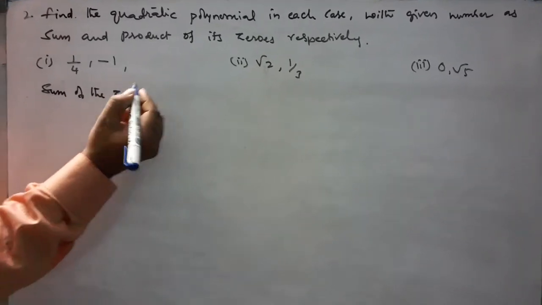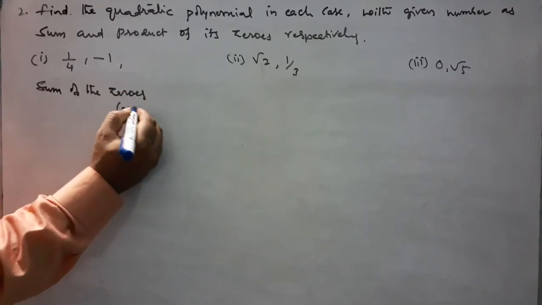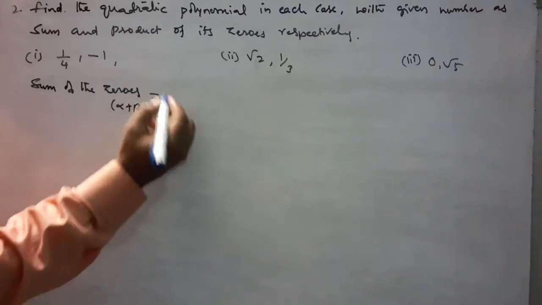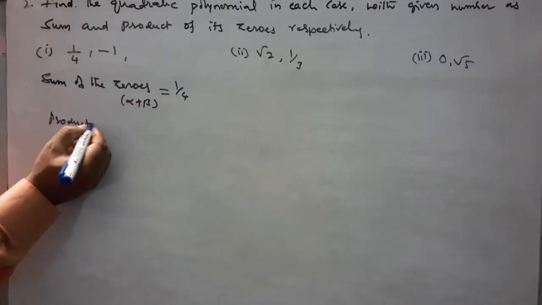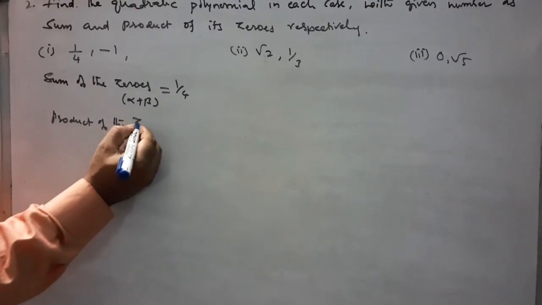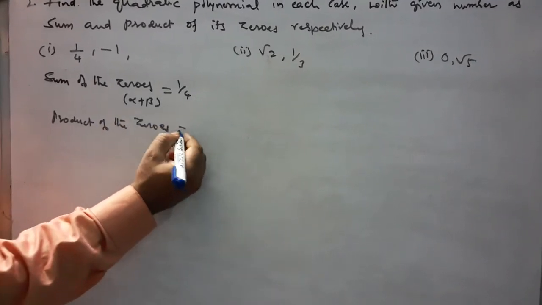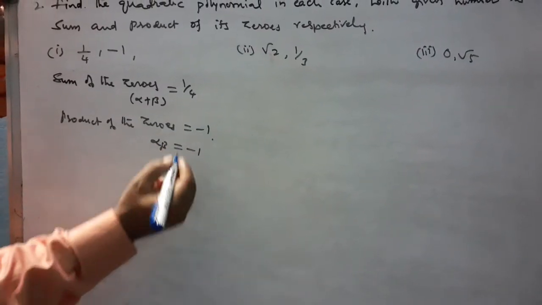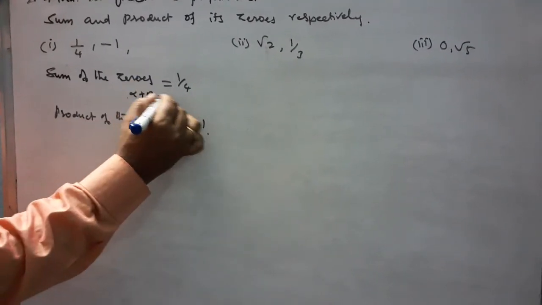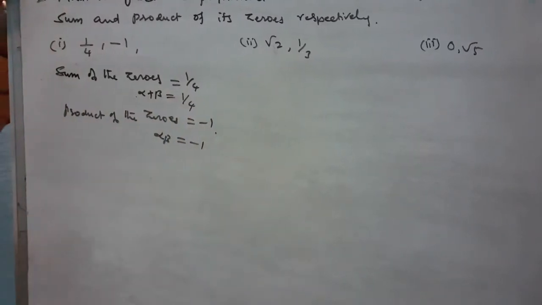Sum of the zeros means alpha plus beta is equal to 1 by 4, and product of the zeros means alpha beta is equal to minus 1.